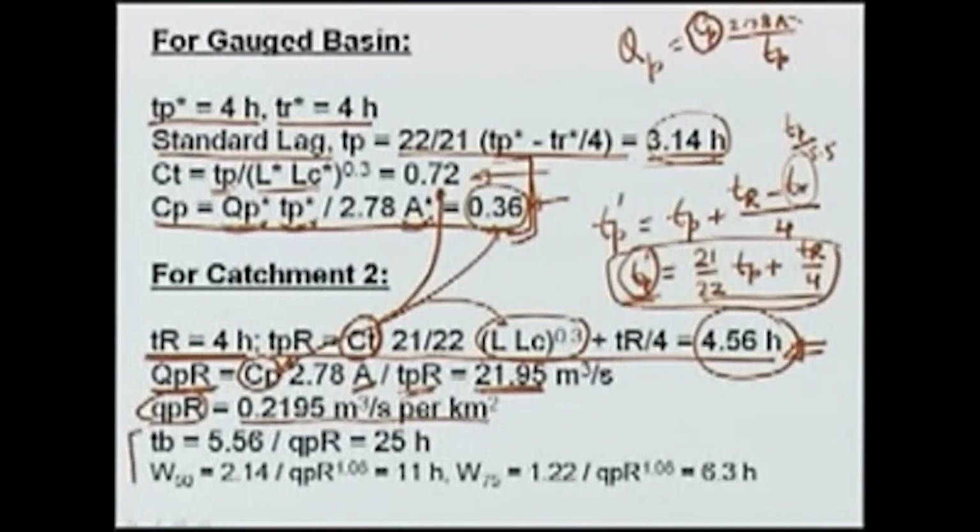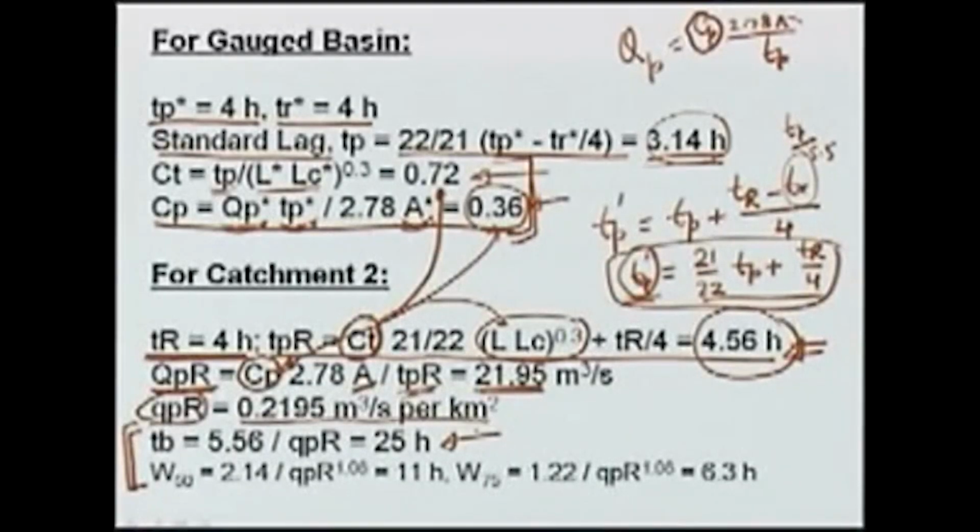Then, to help draw the hydrograph, there are some proposed equations. For example, the time base of the hydrograph can be obtained by approximating it by a triangle and equating the area to unity. So, Tb can be given by 5.56 divided by QpR, and it comes out to be 25 hours.